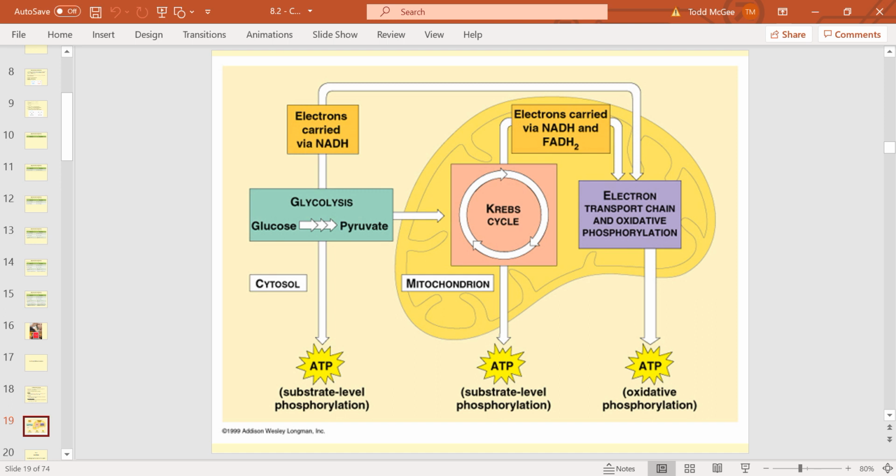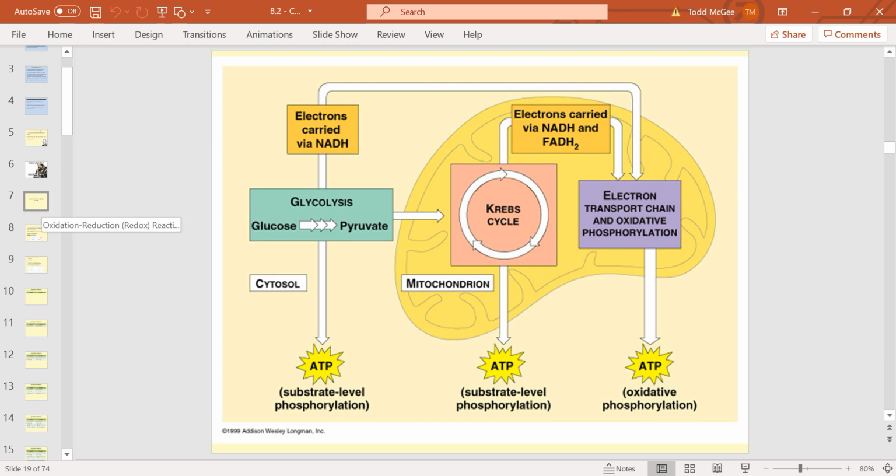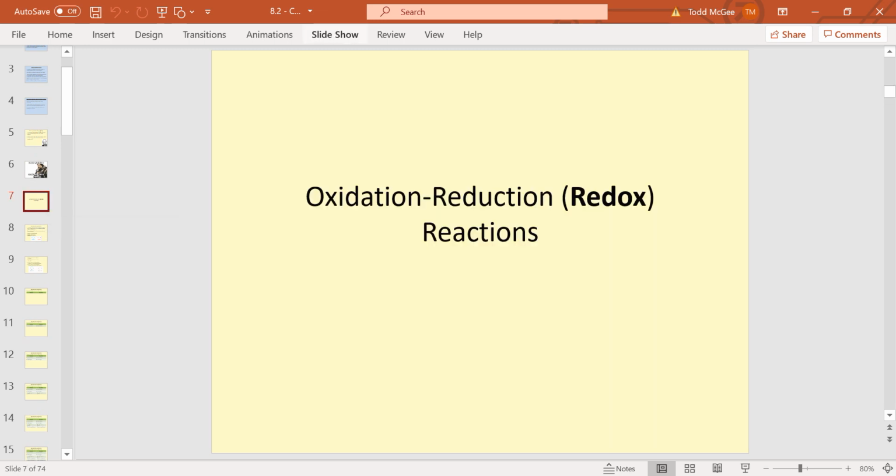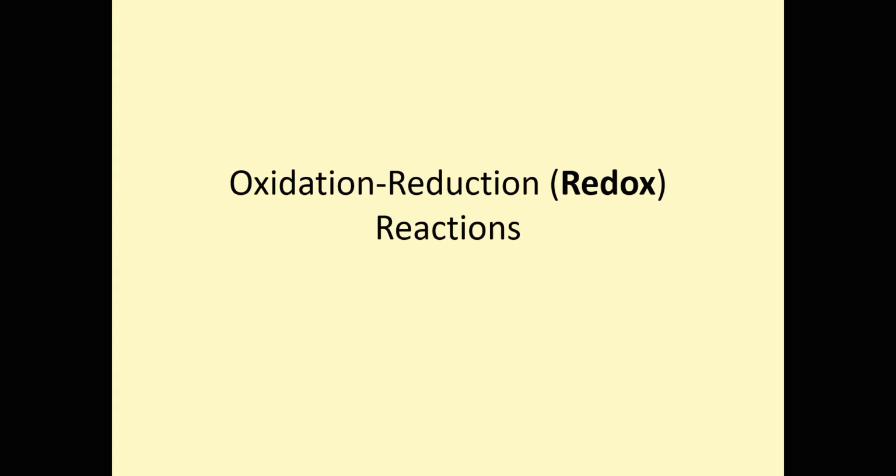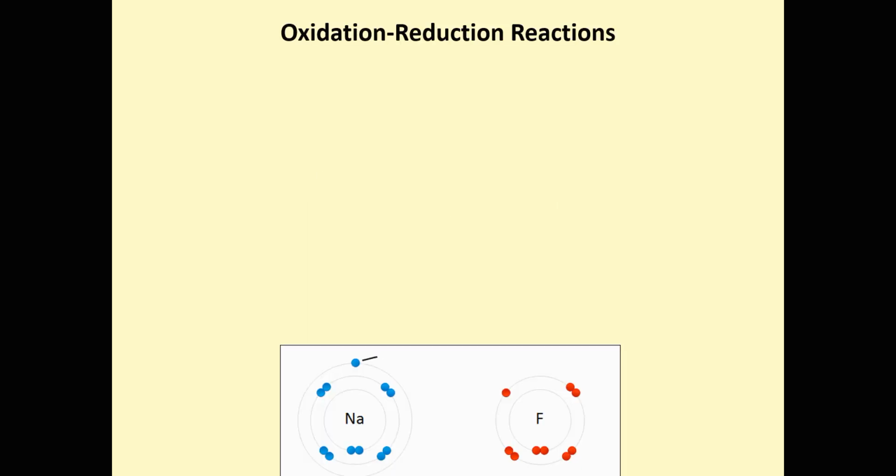But before we can understand much about this, we have to know, why do we have to transfer electrons? It has to do with a process called a redox reaction. So if I can introduce this really briefly here, a redox reaction involves the transfer of electrons and thus the transfer of energy. So if you think about an electron as a bundle of energy, when it gets transferred, it is transferring energy.